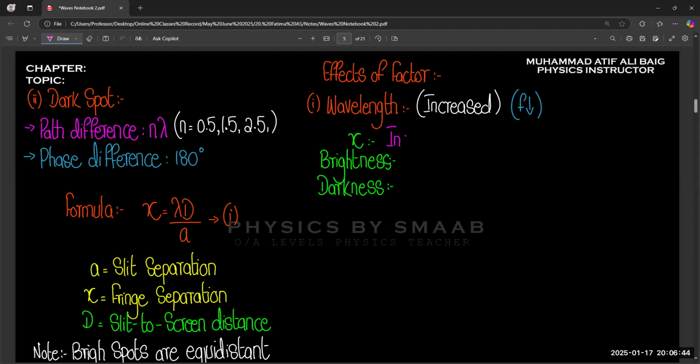So in this case there will be an increase because x is directly proportional to lambda according to the formula. Very simple. And brightness of bright fringes and darkness of dark fringes both remain unchanged. So this is the first factor, very easy.